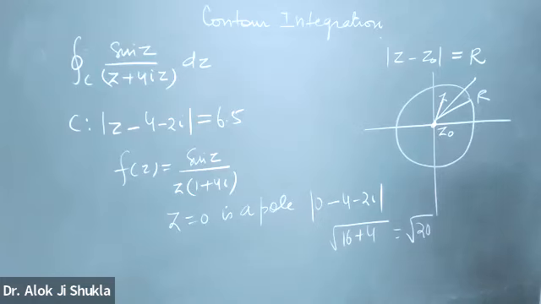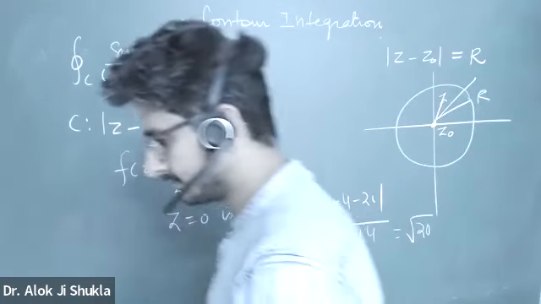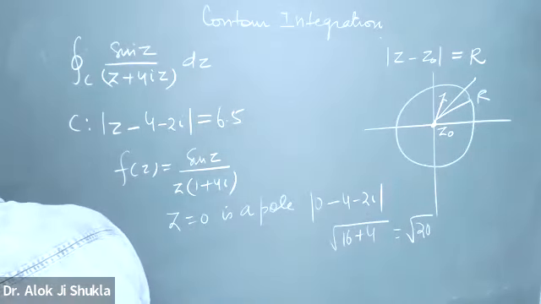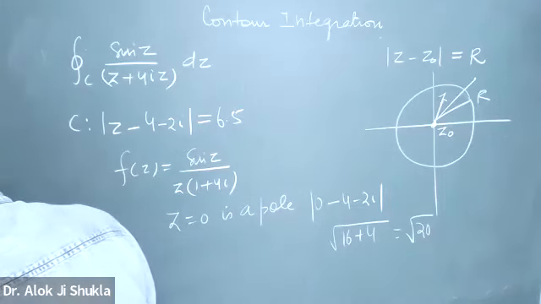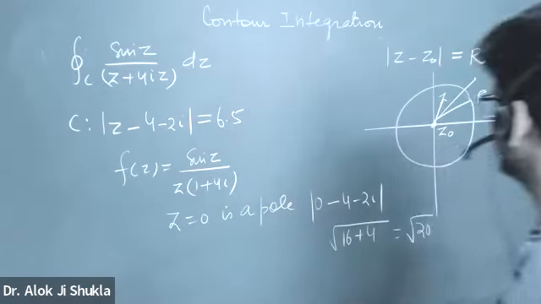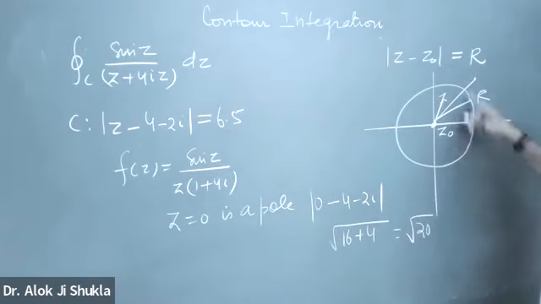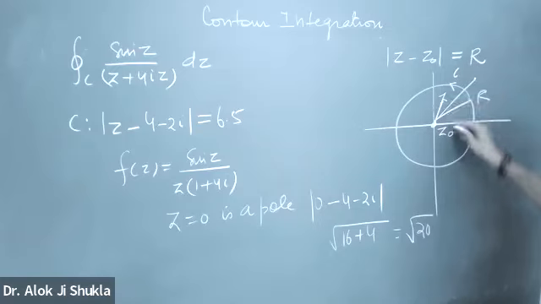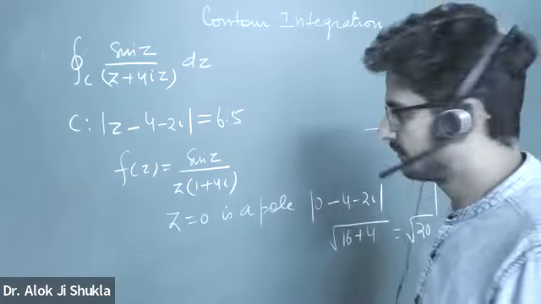So root of 20, right? Yes, sir. So magnitude is 4.47, that means this 0 lies inside the contour.